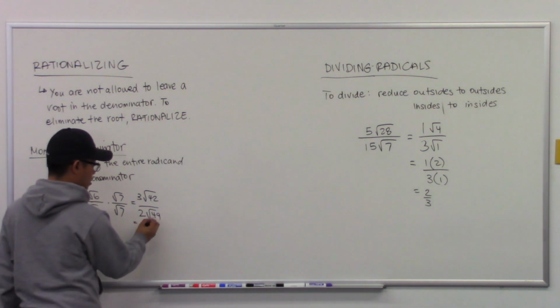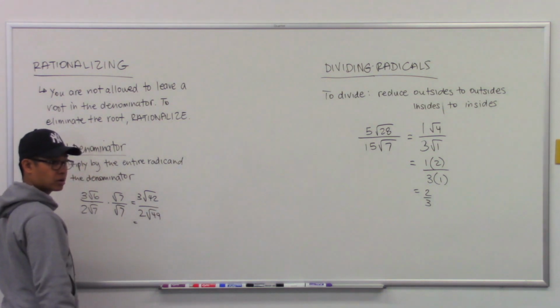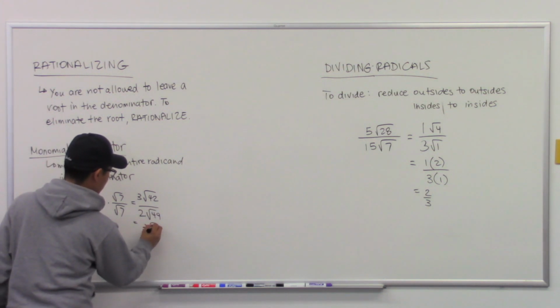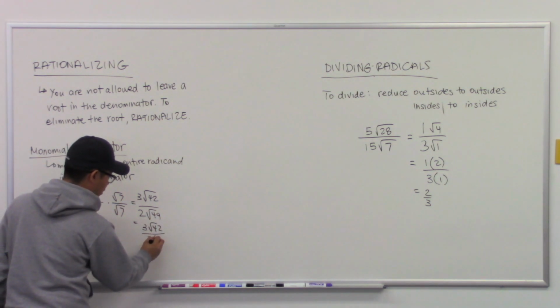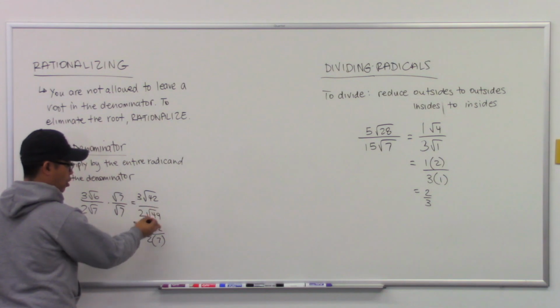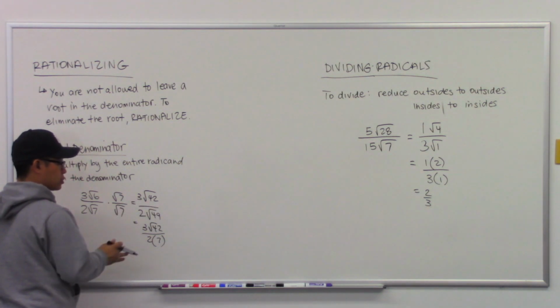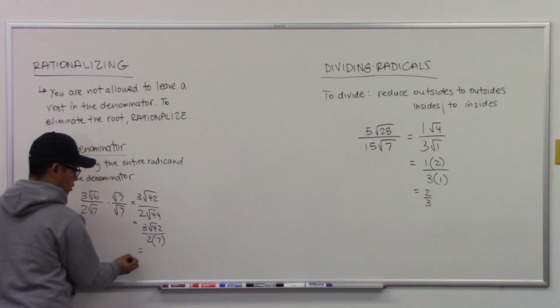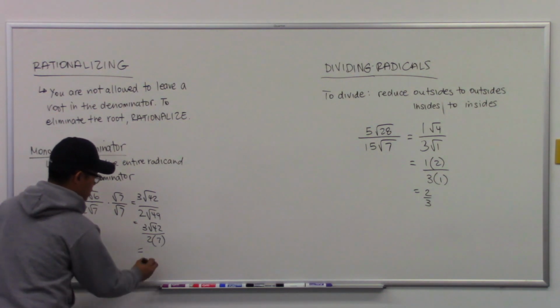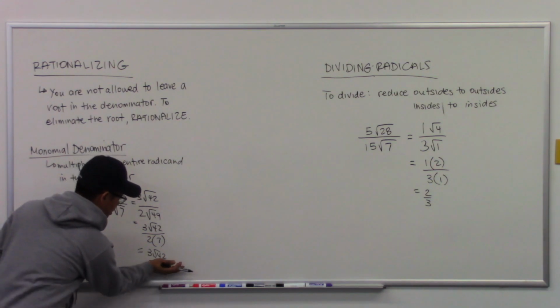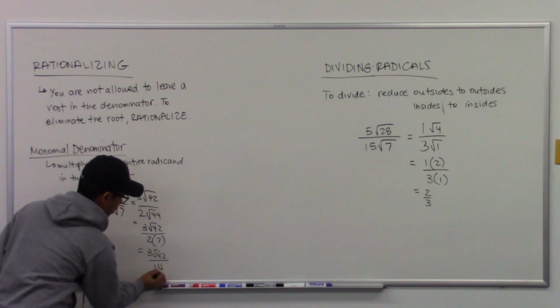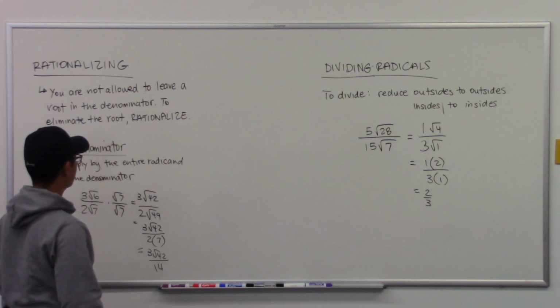Then this will turn into a perfect square. So you get 3 times the square root of 42 over 2 times 7, because the square root of 49 is 7. Not root 7, just 7. So then you get 3 root 42 over 14. And you can't reduce any further.